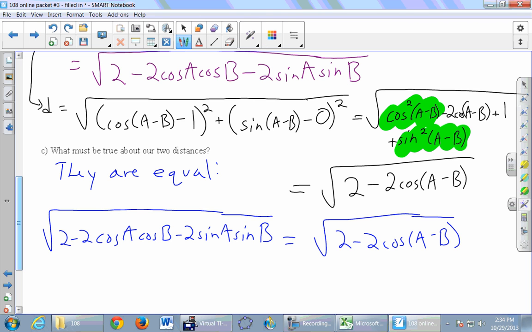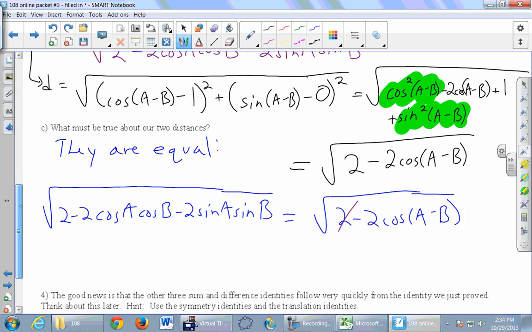We're going to square both sides of this equation, which means that the square roots cancel. And then we're going to subtract 2 from both sides of the equation, which means that these 2's cancel. And then we're going to divide everything by negative 2. So that negative 2 becomes a positive 1. That becomes a positive 1. That becomes a positive 1. And then we're going to write down the final thing that's left.